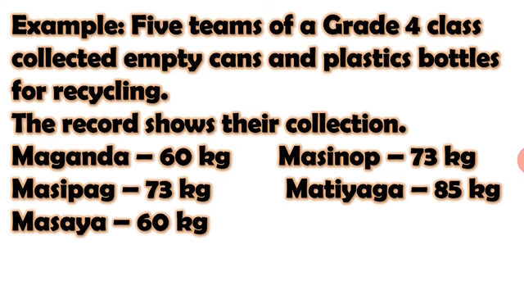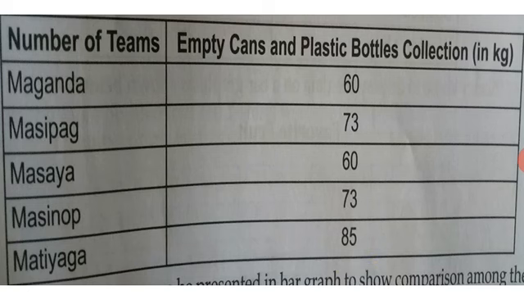So these are the 5 teams of grade 4. These are the data organized in a table. Number of teams: Maganda 60, Masipag 73, Masaya 60, Masinop 73, Matyaga 85.